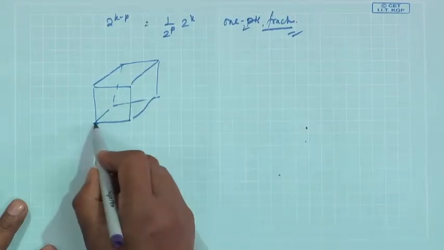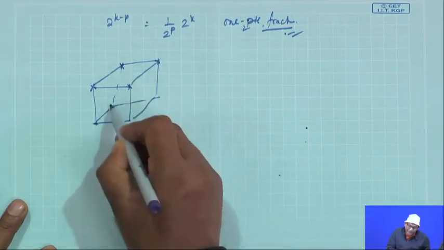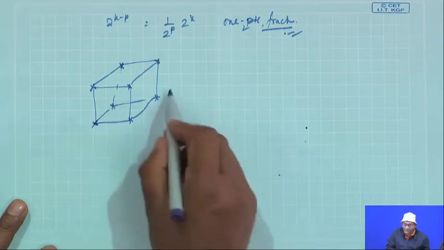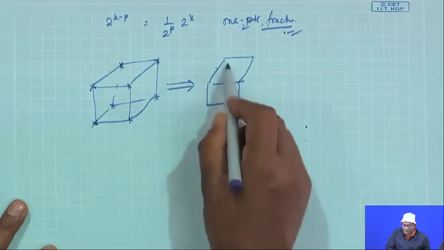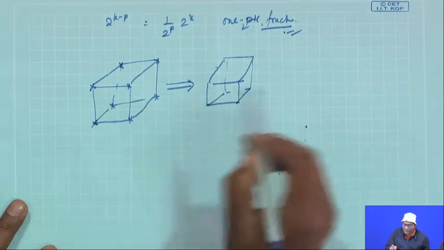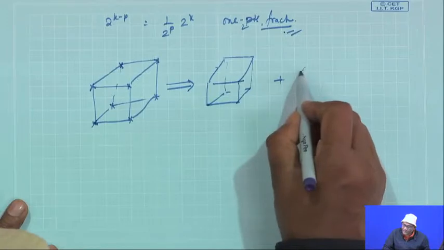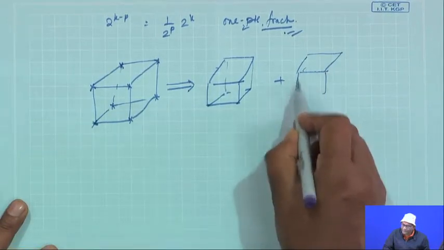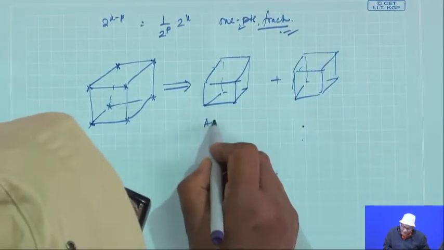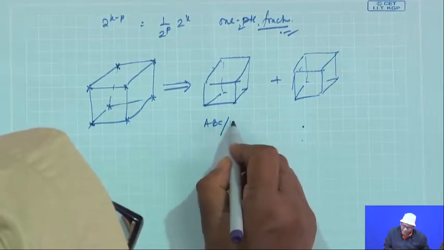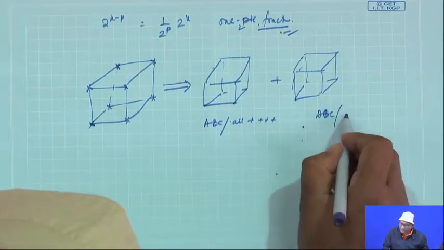In case of fractional factorial design, instead of taking all the factorial points for the experiment, you split it into 2 halves, one half where A, B, C are all positive, the 4 positives, and another half where A, B, C are all 4 negatives.